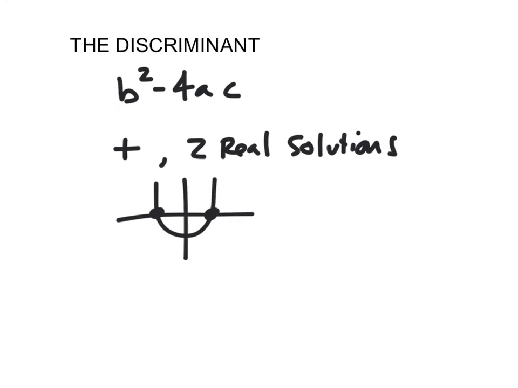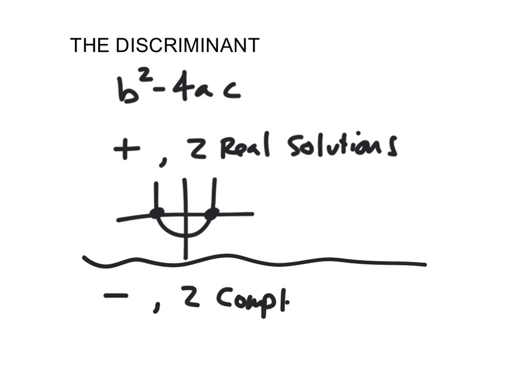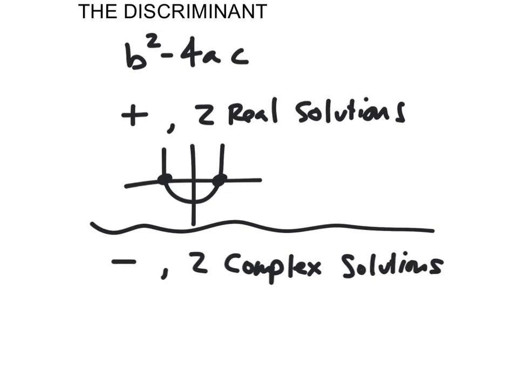If your answer is negative, this means that you get 2 complex or imaginary solutions. And what this looks like is that you have a parabola that doesn't cross the x-axis.